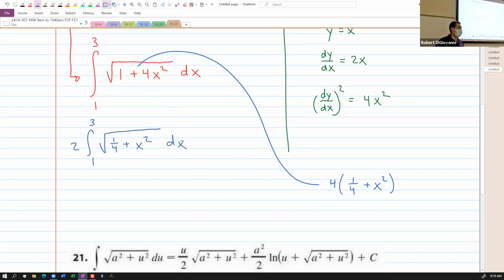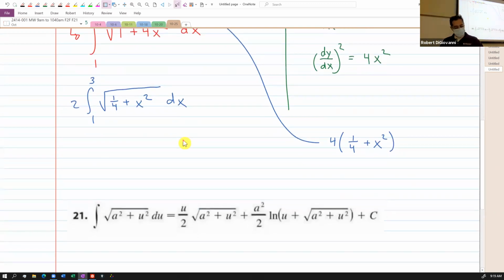And now I can use the formula because I've got something squared, right? A squared plus u squared, u is x. What's a for us? 1/2. Okay, so I'm going to go to the formula. All right, this should be equal to, I have a 2. Don't forget 2 out front, okay? And now this antiderivative, remember, u is x and a is 1/2.